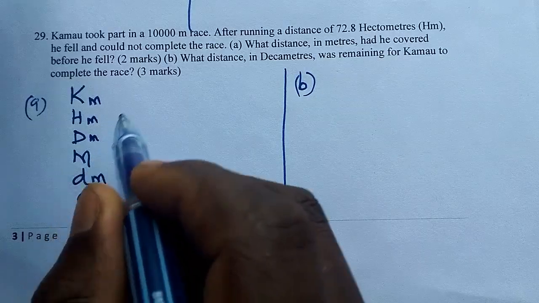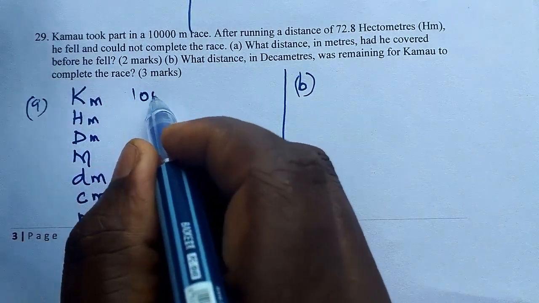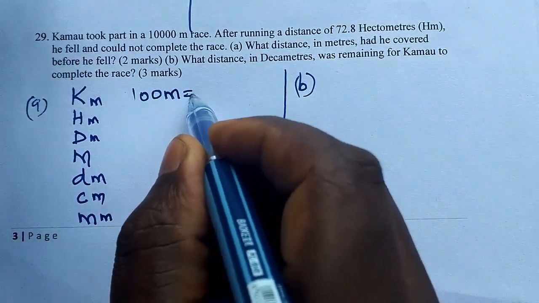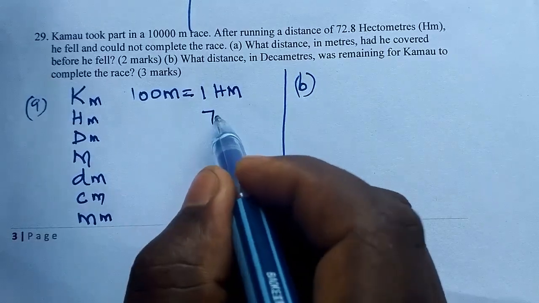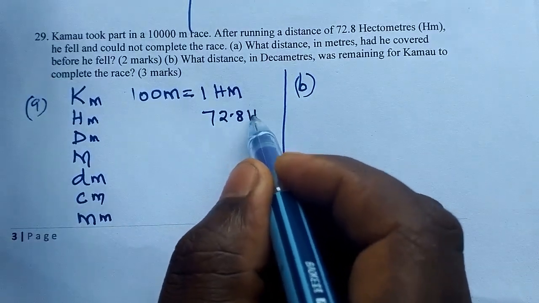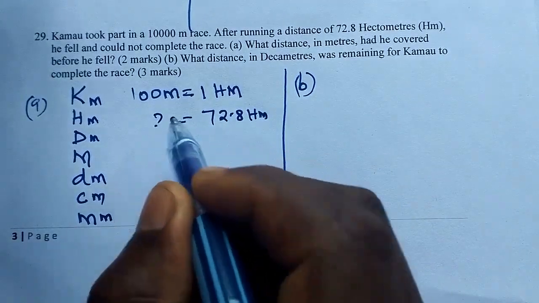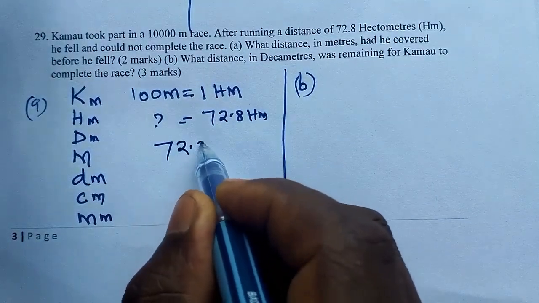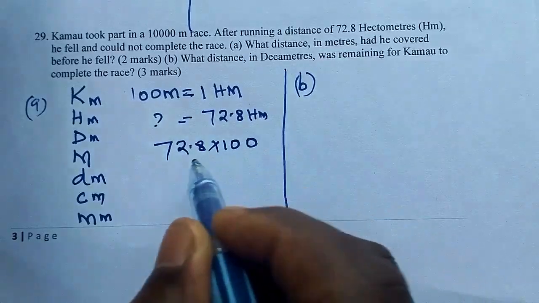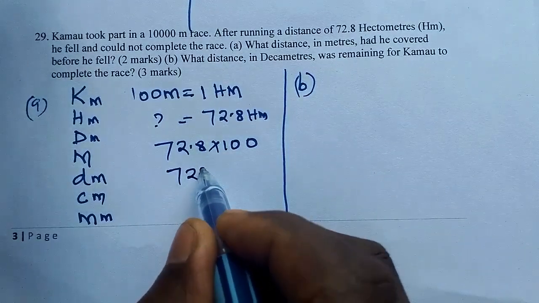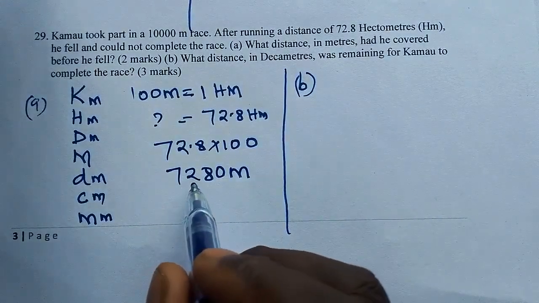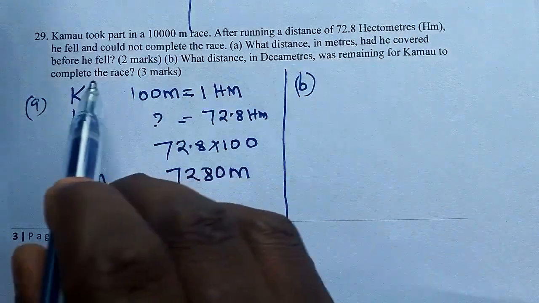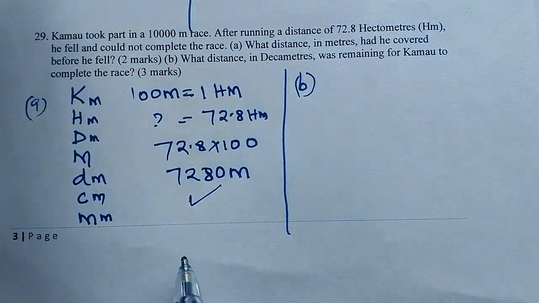So it means that 100 meters is equal to 1 hectometer. So 72.8 hectometers will be how many meters? It will be 72.8 times 100, so that is 7280 meters. So he had covered these meters. That is the distance in meters he covered.